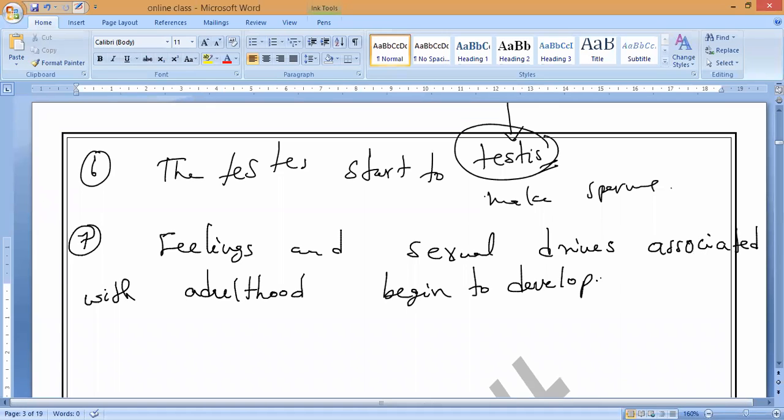So these are the changes which will take place when a boy attains puberty age.